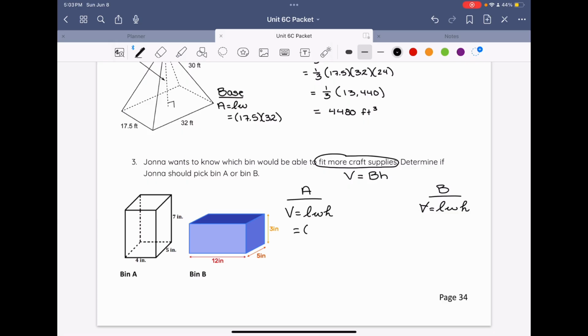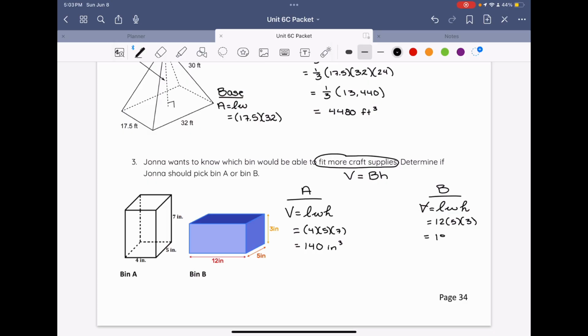So I'm going to have 4 times 5 times the height of my shape, 7. I can multiply that all together, 140 inches cubed.